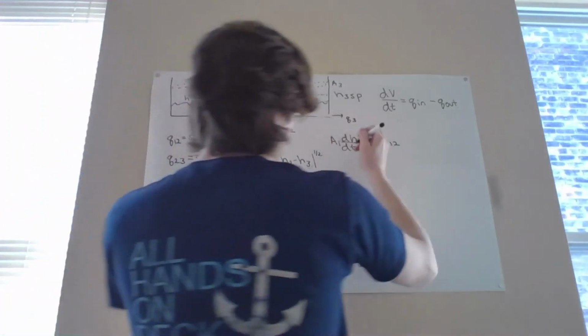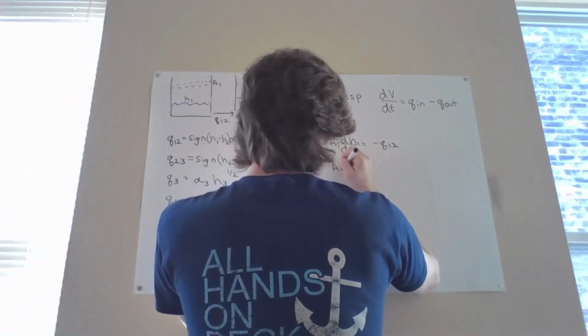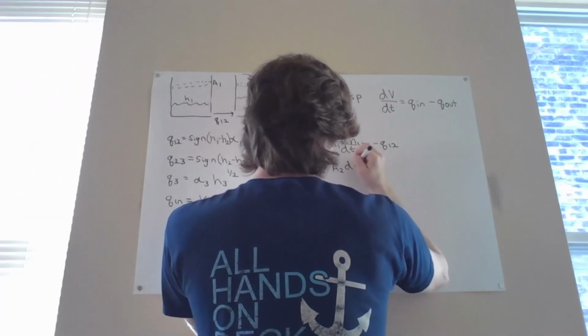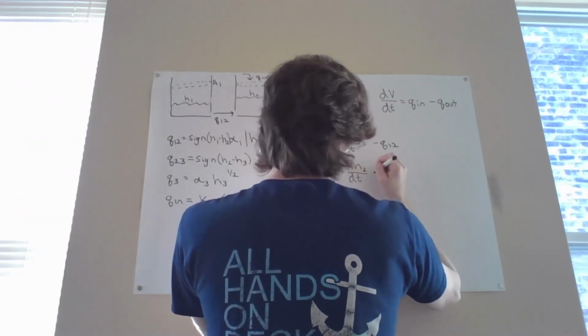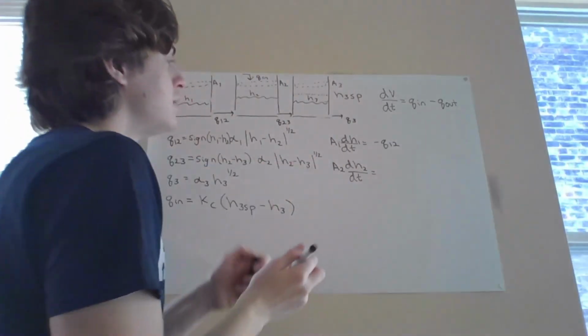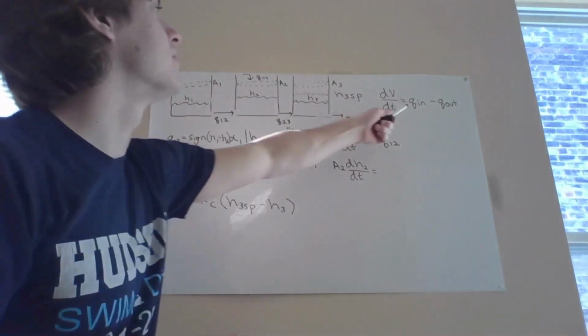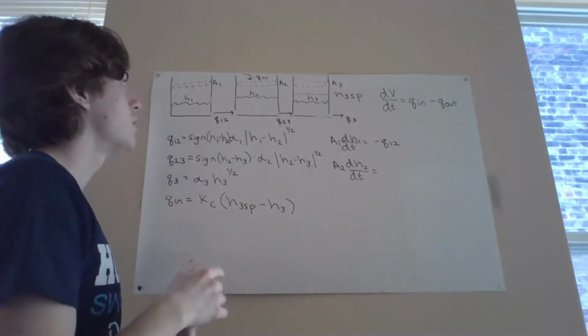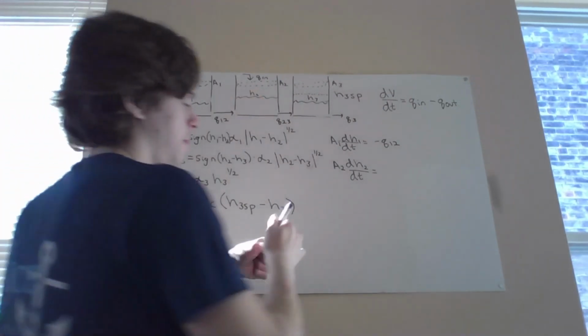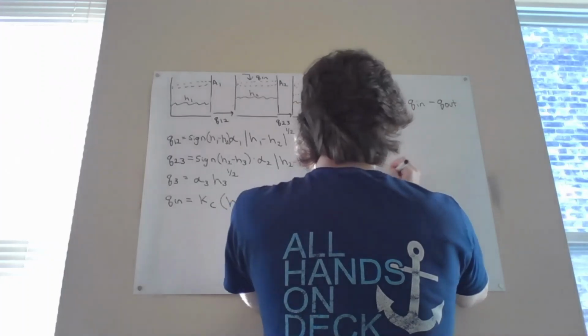So using the same thing, we'll have the change in volume represented by the cross-sectional area times the change in height over time will be equal to everything in to tank 2 and everything out, all the flow rates. So our flow rate in to tank 2 is Q in.